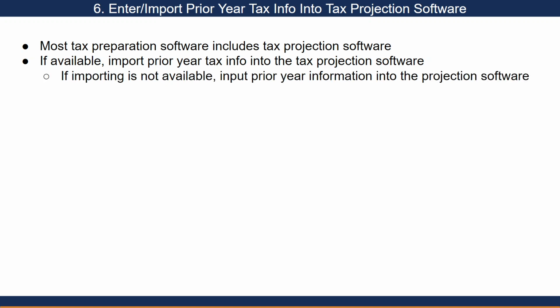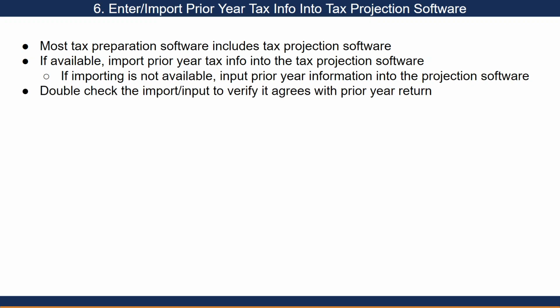And then if importing is not available, then you can input the prior year information into the projection software. And then you want to double check the import or input to verify it agrees with the prior year return. Even though this will speak directly with the tax preparation software, it's not always 100%. It's not always flawless.